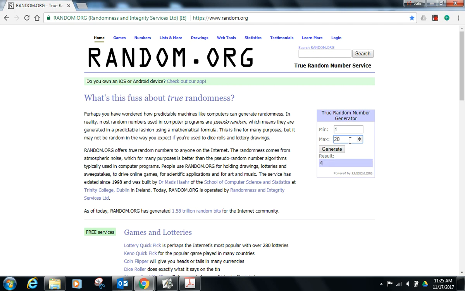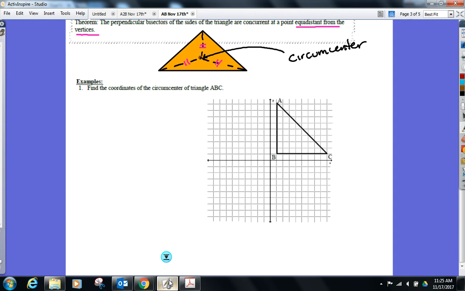Let's go. 4. How is the circumcenter found? By finding the intersection of the what? Who's got 4? There you go. So I see circumcenter. I start saying, all right, I need to find where the 3 perpendicular bisectors are. So that's our job right now.